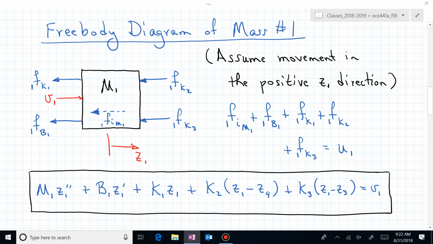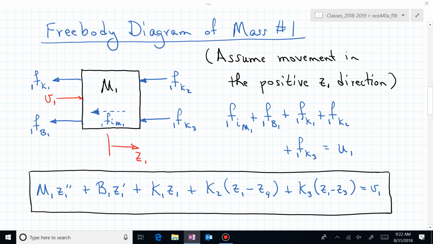If you fixed Z sub 3 and moved in the positive Z1 direction, what's going to happen to that spring K sub 3? It's going to want to push you to the left with a value equal to K sub 3 times Z sub 1. Is that clear? What happens if Z3 moves exactly the same distance as Z1?